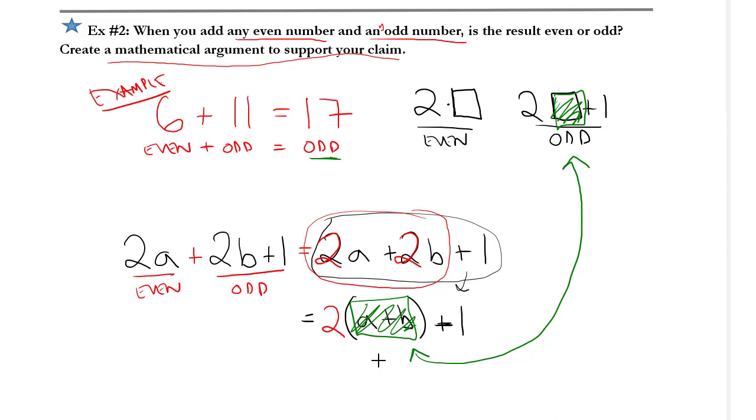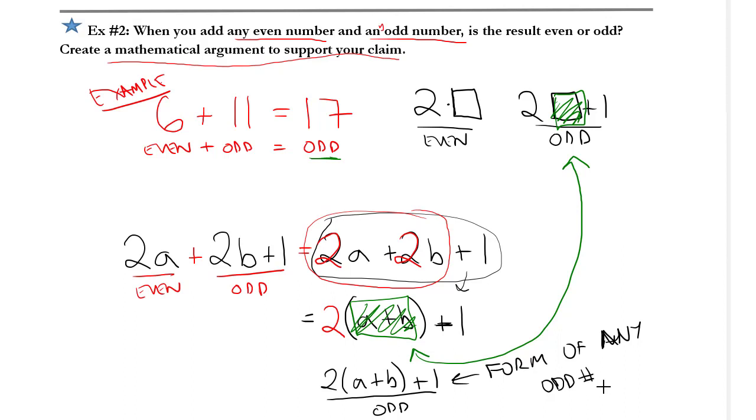That's what we did. So by being able to rewrite this whole expression as 2 times a plus b plus 1, we can prove that you will always get an odd number because we've rewritten it in the form of an odd number. So this is the form of any odd number.